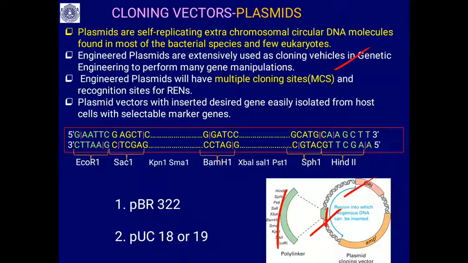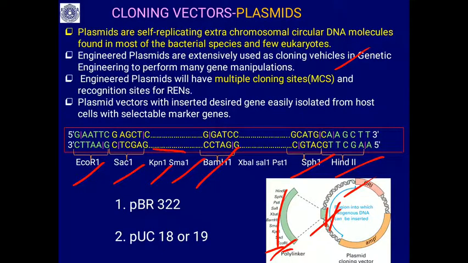For example, you can see the sequence here: EcoR1, SacI, KpnI, SmaI, BamHI, SphI, HindIII. Not HindII, it is HindIII. All these you will find in this MCS, or multiple cloning site.